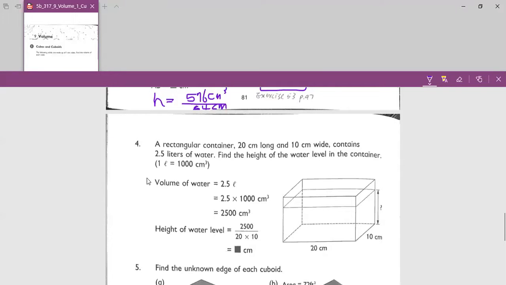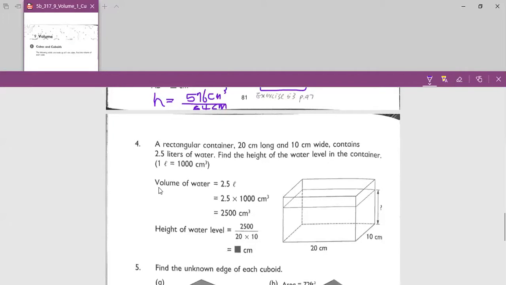A rectangular container 20 centimeters long and 10 centimeters wide contains 2.5 liters of water. Find the height of the water level in the container. Very good. Excellent. Thank you. And it always tells us 1 liter equals 1,000 centimeter cube. So you need to follow the steps, plug in the formula, and then just convert to the same unit. That's it.